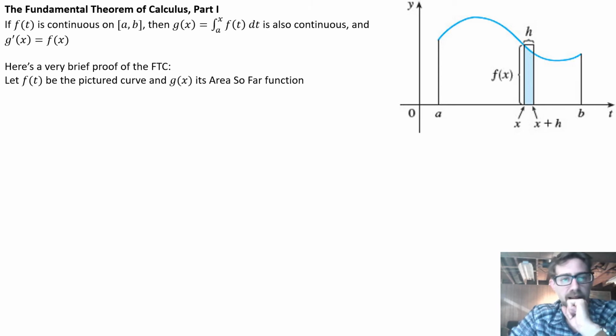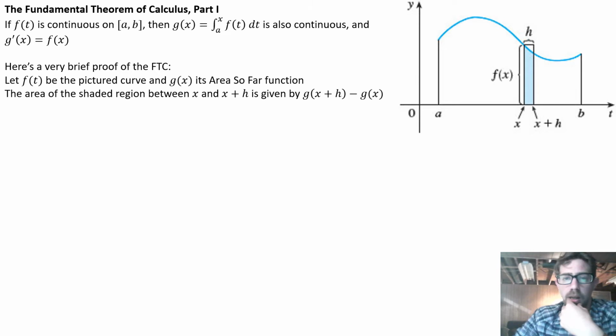Okay, f of t is the blue curve, and g of x is the area so far function for the blue curve. And we are interested in that little strip there. So part of it is a strip, and then there's a rectangle overlaying the strip. So we're going to compare those two things. If we want the area of that shaded region, we take g of x plus h, which is all the area between a and x plus h, and we shave off all the area between a and x, right?